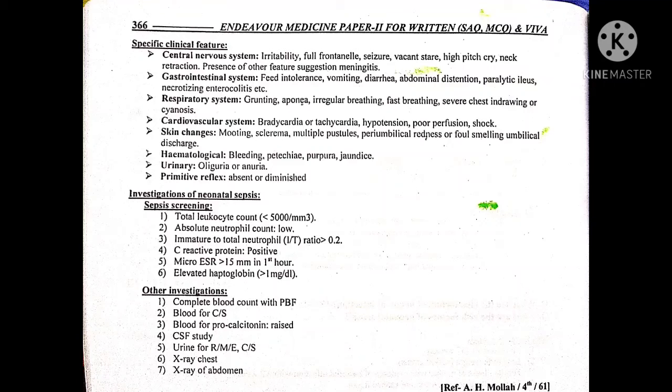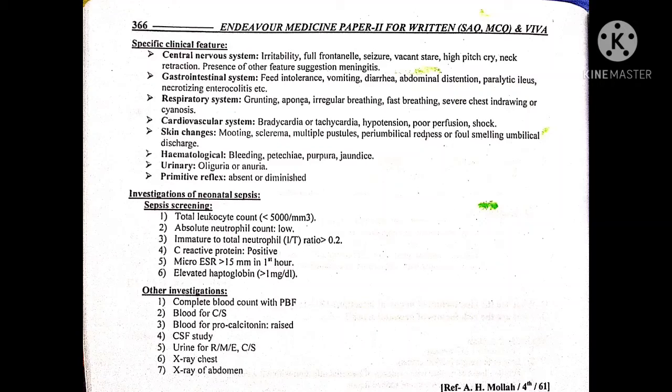When the cardiovascular system is affected, then bradycardia, tachycardia, hypotension, poor perfusion and shock may be present. Skin changes may occur. Then sclerema, which means diffuse hardening of soft cutaneous tissue, multiple pustules, periumbilical redness or foul smelling umbilical discharge may be found.